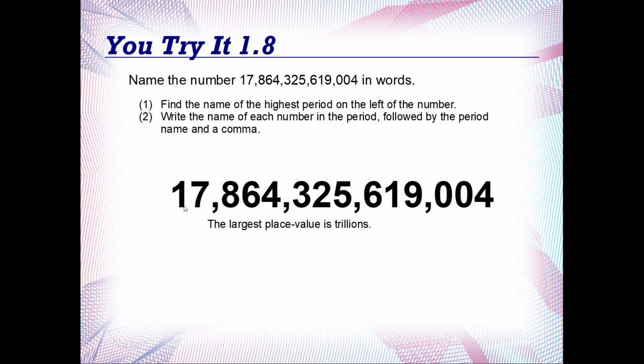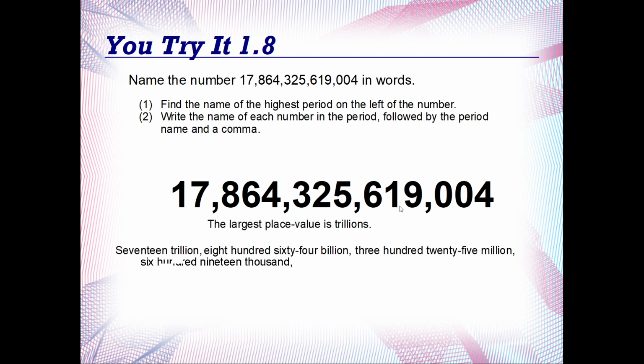So we have 17 trillion, 864 billion, 325 million, 619,000. And we're not going to name the ones period, and the only number in the ones period is 4. So the last word here is 4.